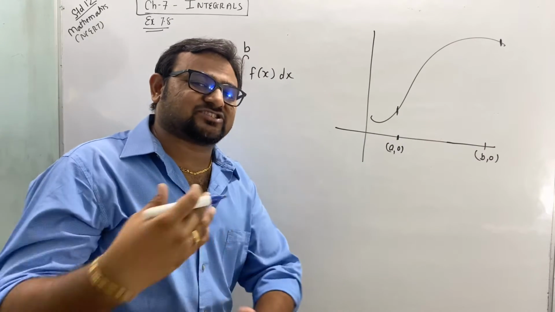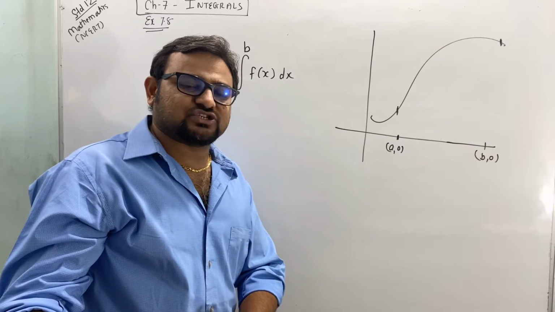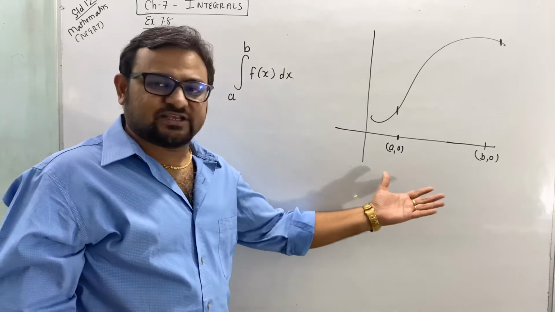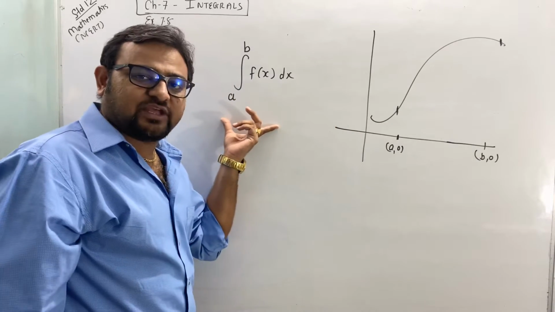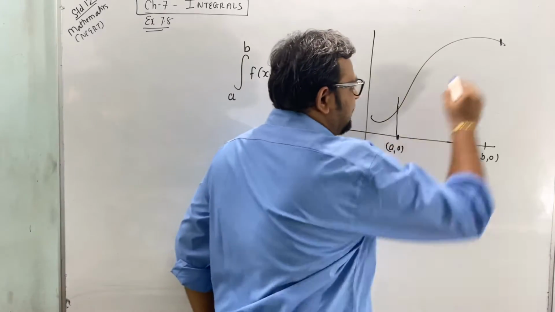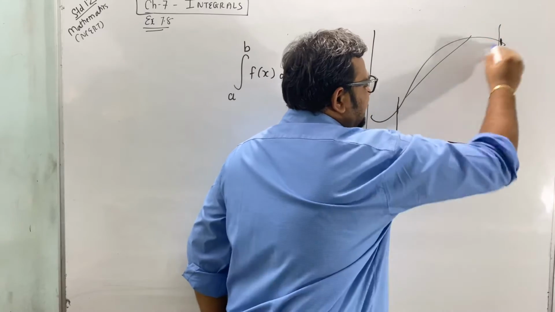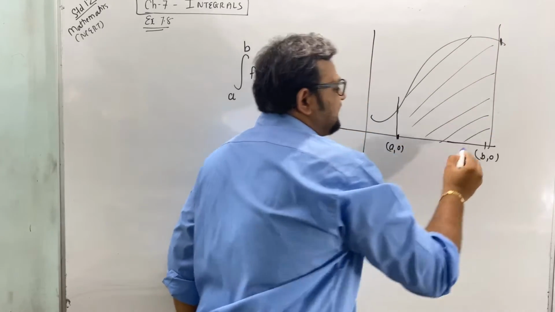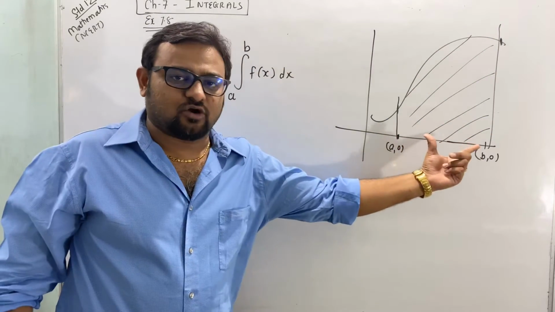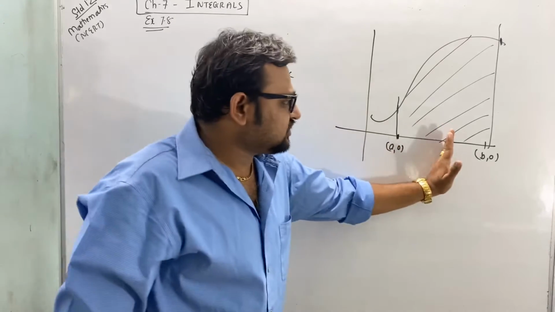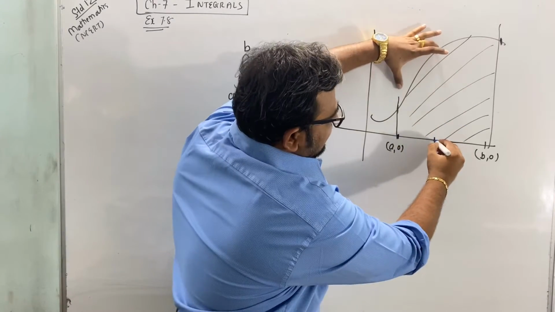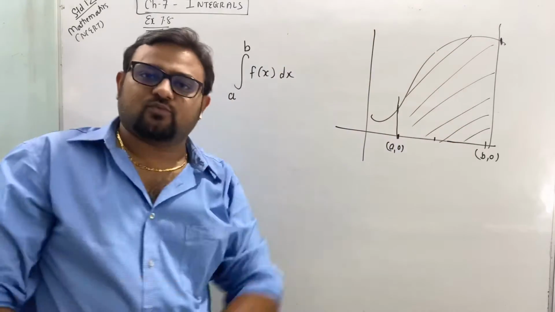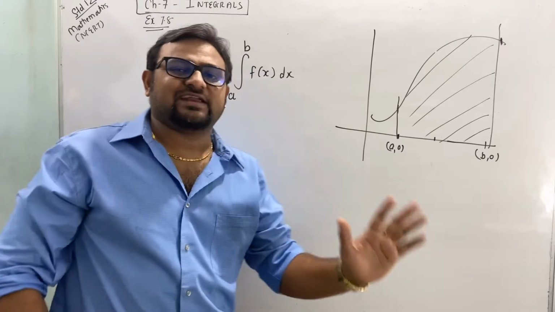In the next chapter, application of integrals, we will study this. In this way, we will find the area under the curve. When we integrate from a to b, we get the area under this curve. If I integrate from this point to this point, I get the area under this much of the curve. So this is definite integration.